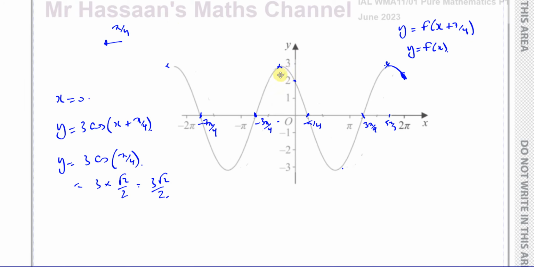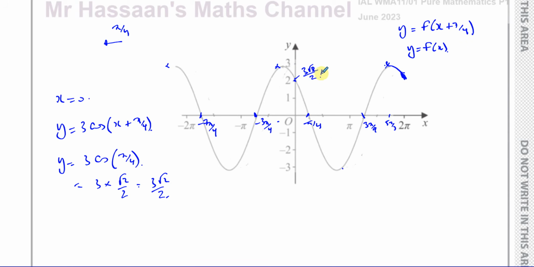So what I'll do is slightly adjust it a little bit and put it this side. So I'll put here 3 root 2 over 2. Okay, so that's 3 root 2 over 2.